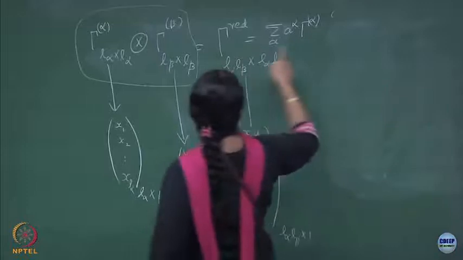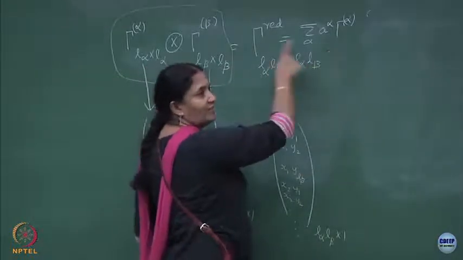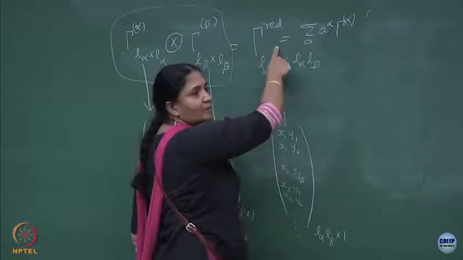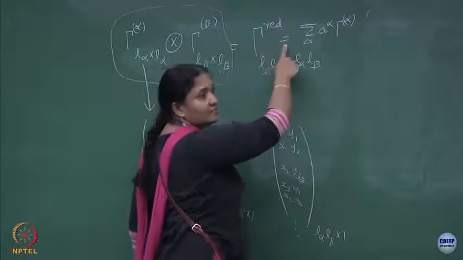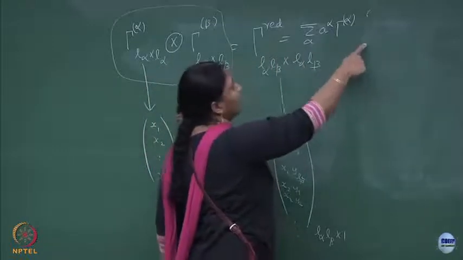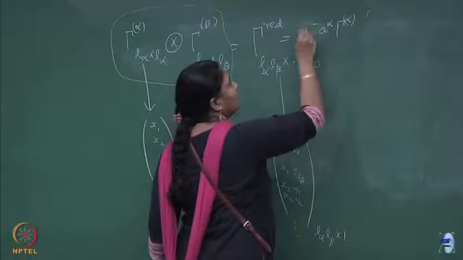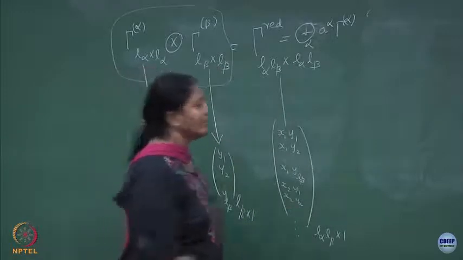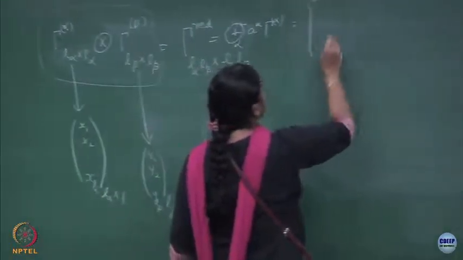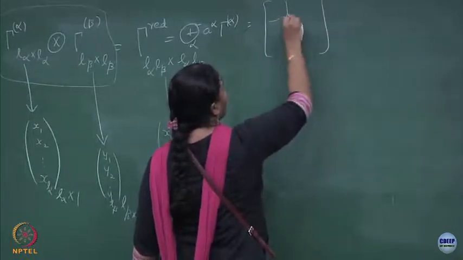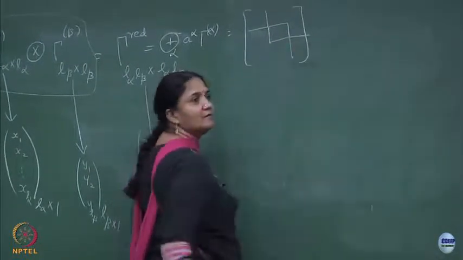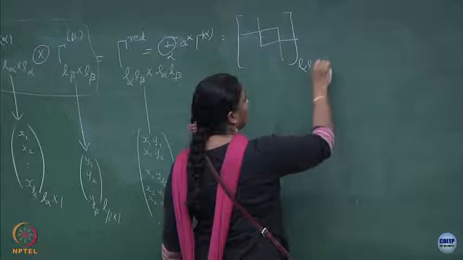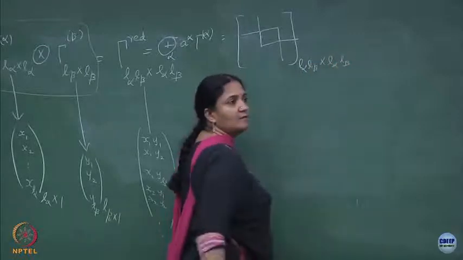So, here what were we doing? We said that there is an S matrix, because it is a reducible representation, which will bring it to a block diagonal form. So, this notation, summation over alpha, technically I should have written it as a direct sum over the vector space. What this means, as you all know by now, is that it will break up into block diagonal fashion, whose dimension totals up to L alpha L beta.